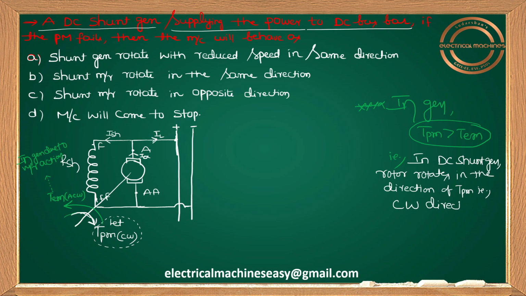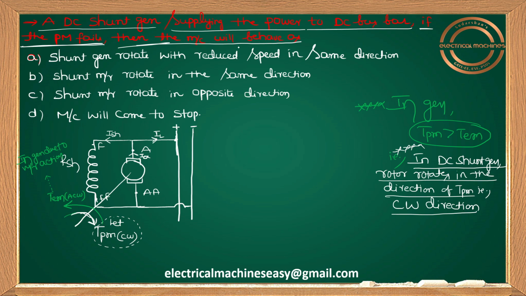Okay, guys, this is very important. If it is acting as a DC shunt generator, the rotor rotates in the direction of TPM, or clockwise direction. Now what is being asked? If the prime mover fails, then the machine will behave as what?